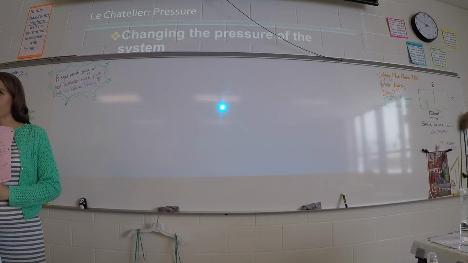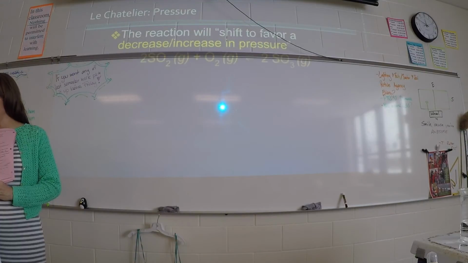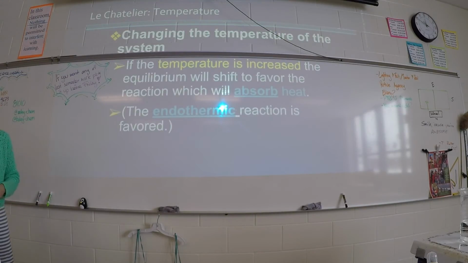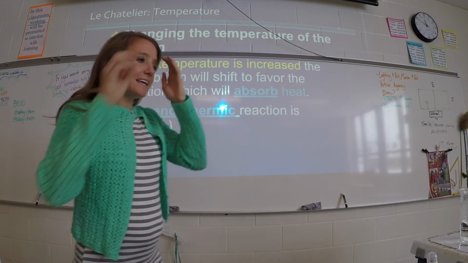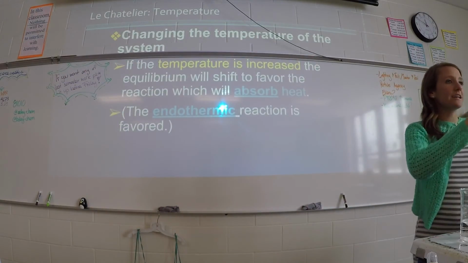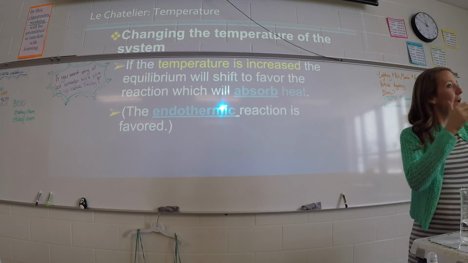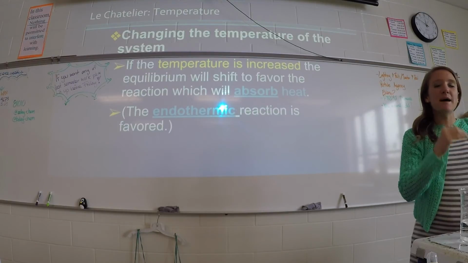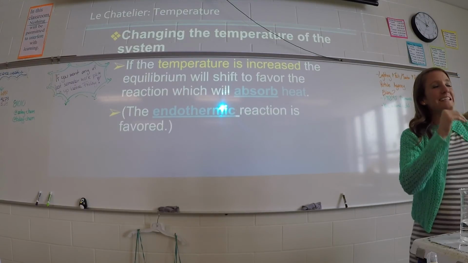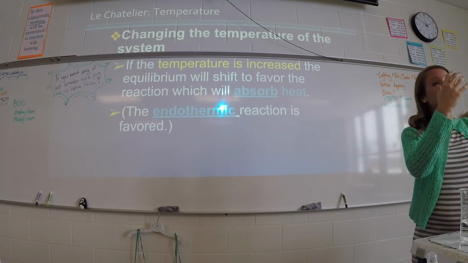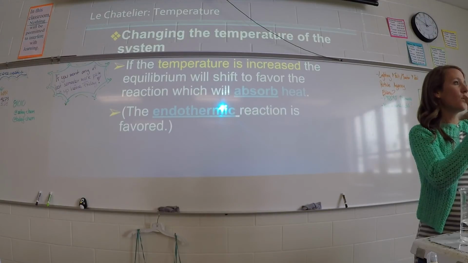All right, so skip all the pressure section and go to temperature. The trick with temperature, everyone, is if concentration changes make sense to you, like if what we did so far, you're like, okay, I feel good about this, then the best way to think about temperature is we're going to treat heat as a product or as a reactant, and that's going to be dependent upon if it's exo or endothermic.